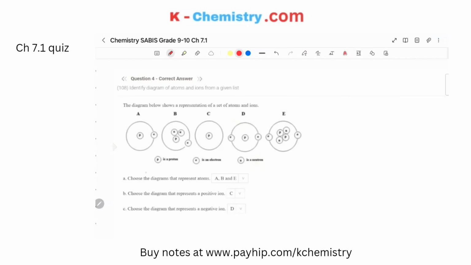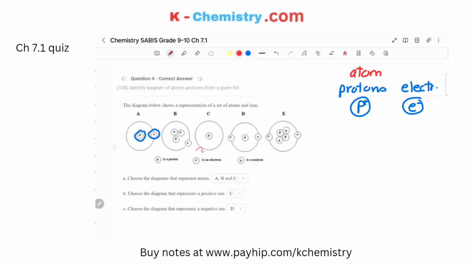Now question 4, identify the diagrams that represent atoms. If you need an atom, you have to have the same number of protons, always represented as P here, and the same number of electrons, represented as E. Which one has positive protons and negative electrons equal? This one has 1 proton and 1 electron.